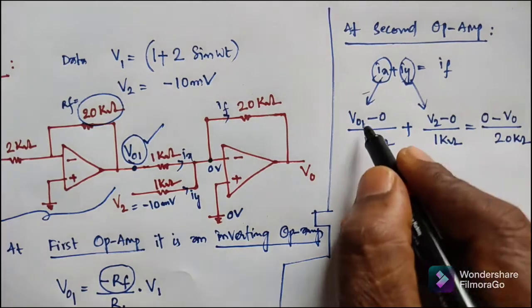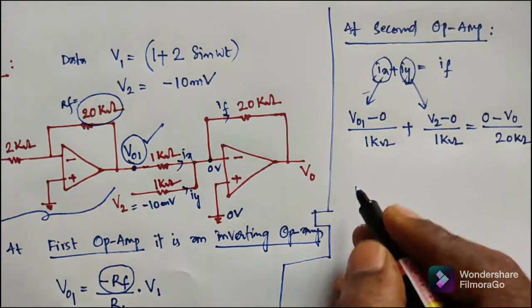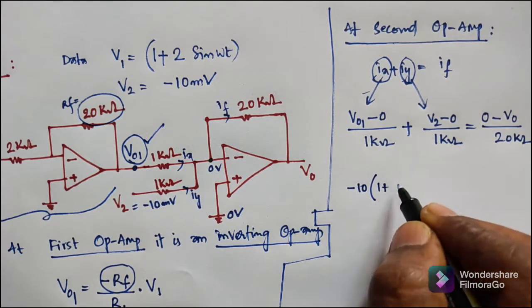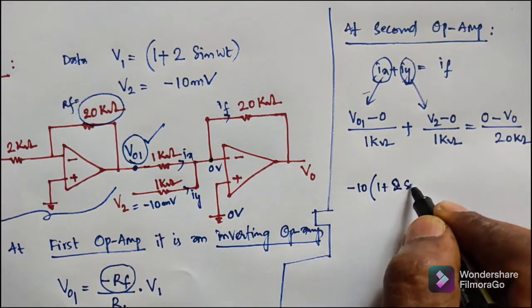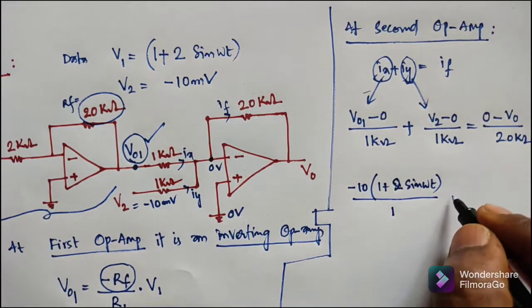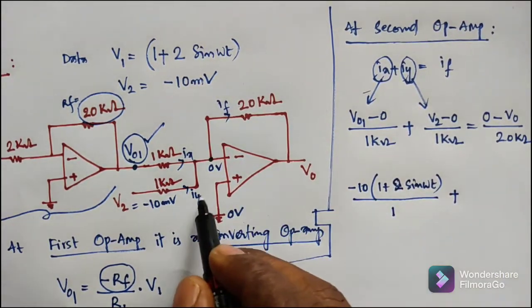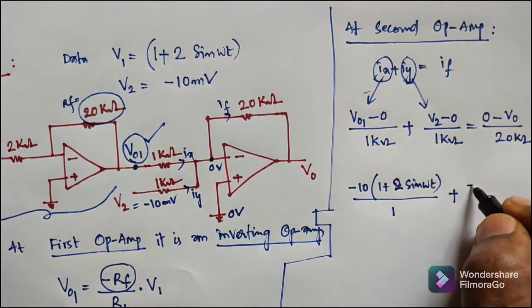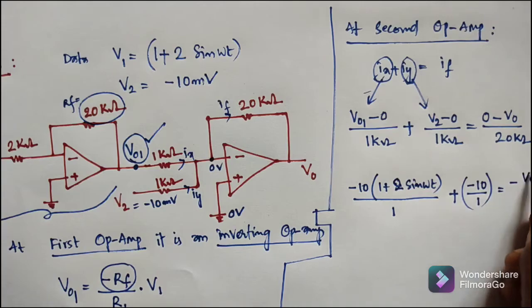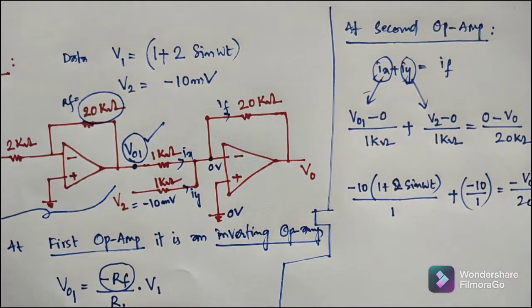So with V01 as minus 10 into 1 plus 2 sine omega t by 1, plus the V2 value minus 10 by 1, equal to minus V0 by 20.